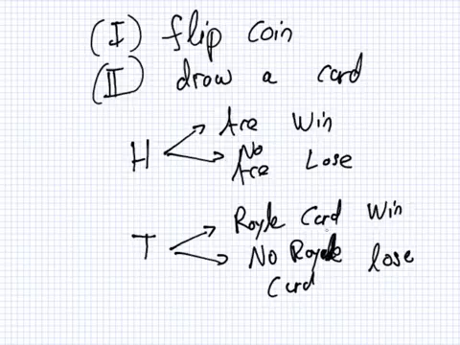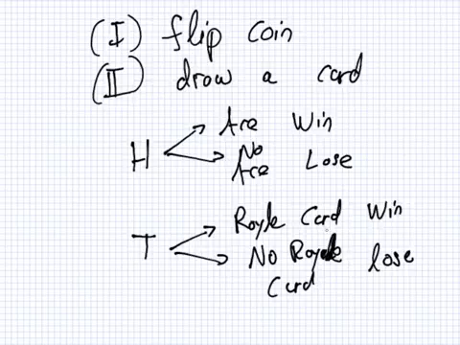It's easier to get a royal card, because how many of those have you got? 12. There's king, queen, and jack for each of the 4. So there's 12 of those. But how many aces are there? 4. So you'd much prefer to get a tails.